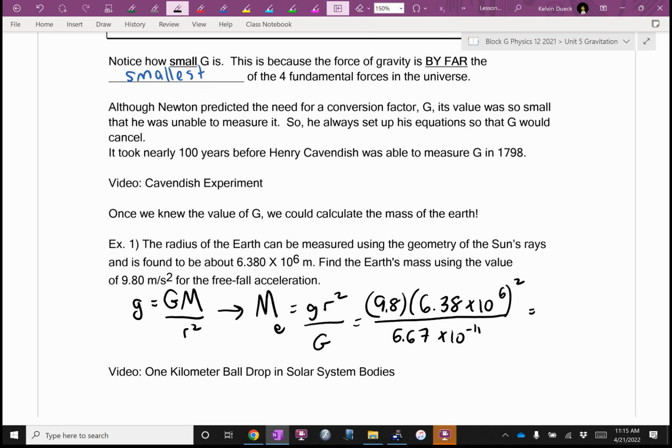Okay, this is my way of saying, by the way, all of you want to practice typing this in because you want to become familiar with how do I type that 6.67 times 10 to the negative 11 on my calculator. Some of your scientific calculators might have this number programmed in as a constant. Go ahead and use it if you do. I think you're going to get around 5.98 times 10 to the 24th.